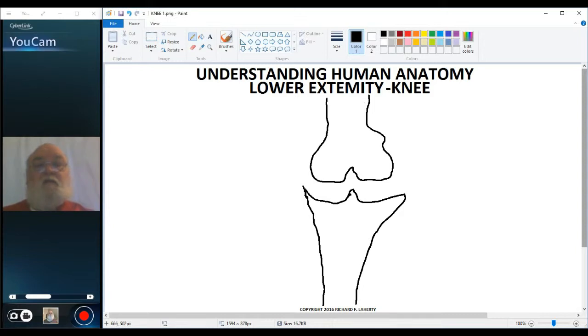And remember that the tibia is a triangular bone, so I'll have a ridge anteriorly, and we get a ridge coming from each of the condyles, and then we'll have a raised area, the tibial tuberosity.